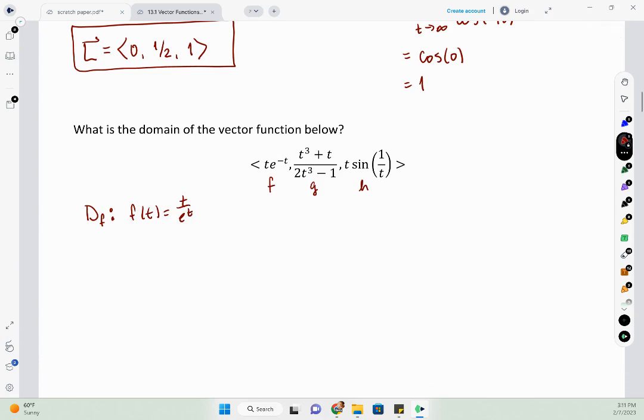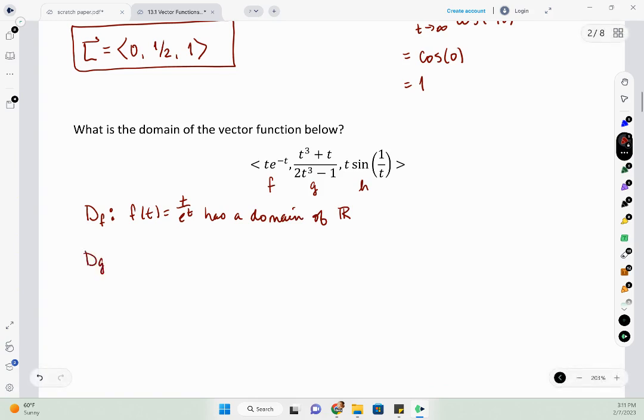Now fractions are only undefined if the denominator is ever 0. E to the t is an exponential function, which is never equal to 0. And so f of t being equal to t over e to the t has a domain of all reals. So we write that funny looking R.